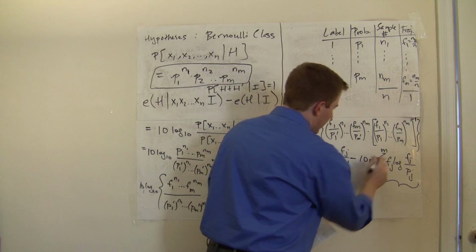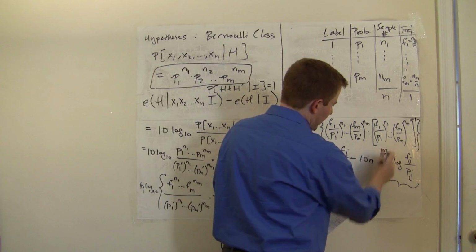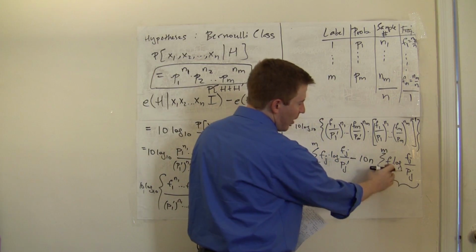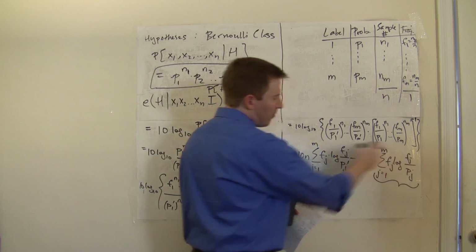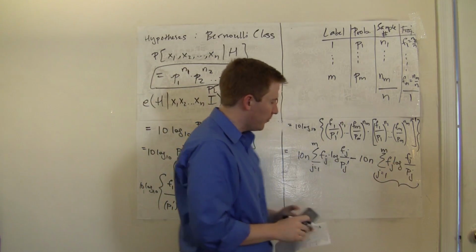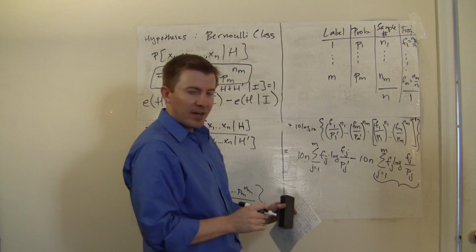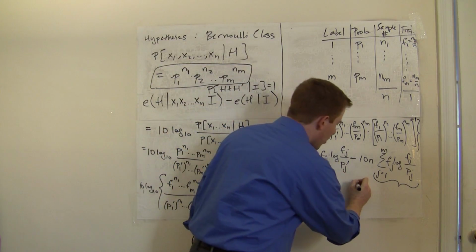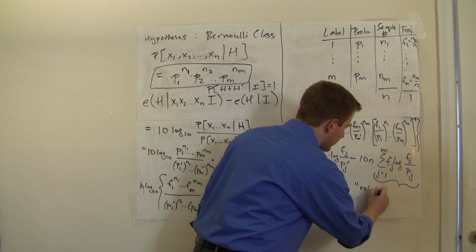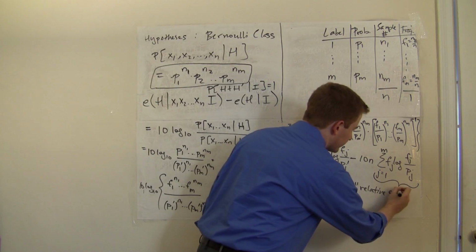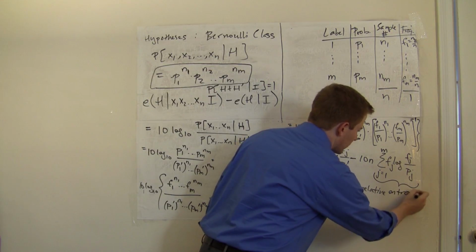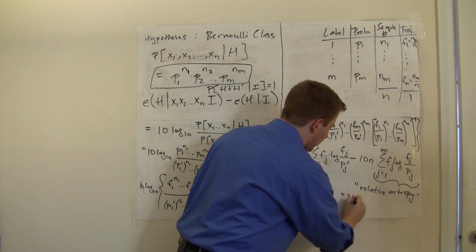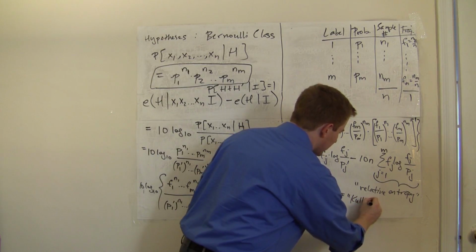Anyway, the sum here, forgetting about the 10n part, but the sum of fj log of this ratio, is actually a famous quantity, and it's known as the relative entropy, or the Kullback-Leibler divergence.